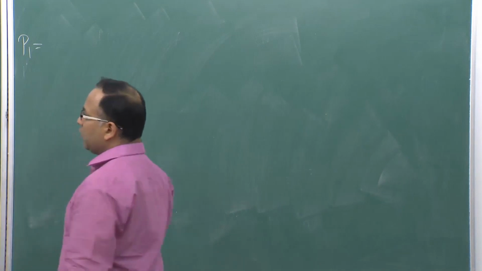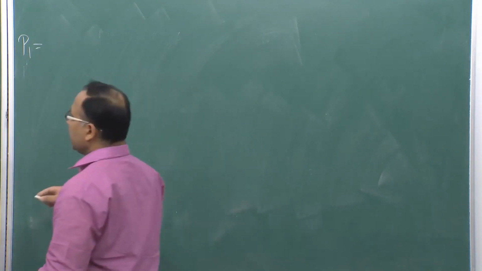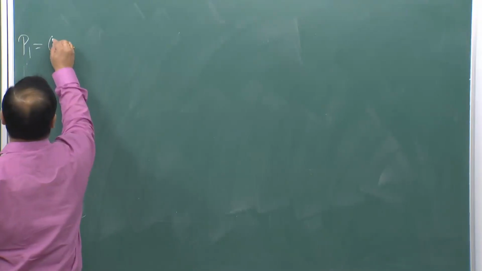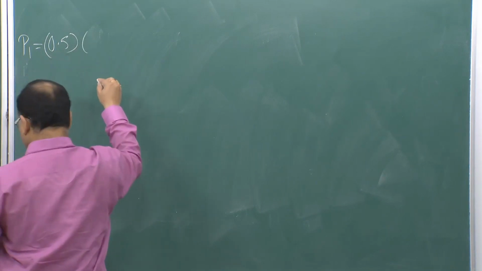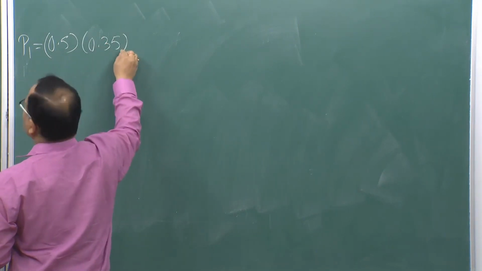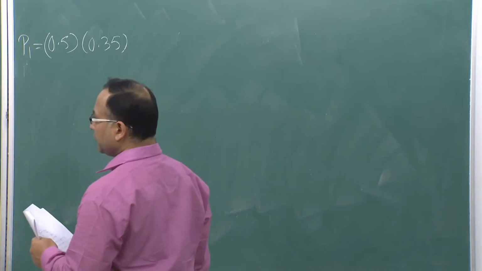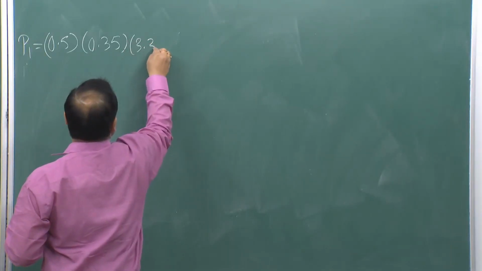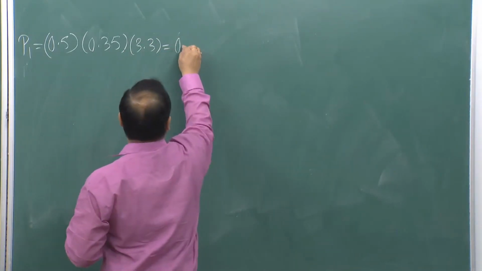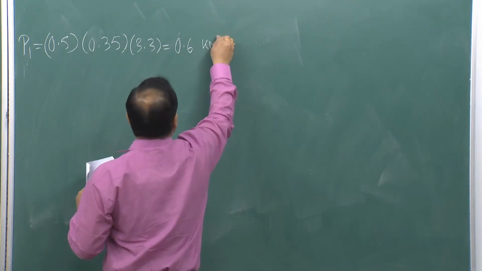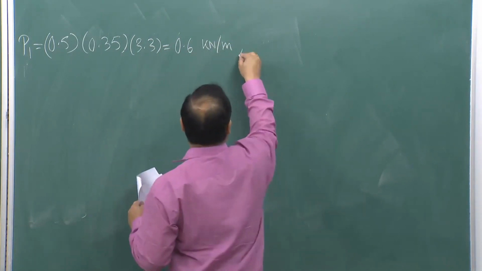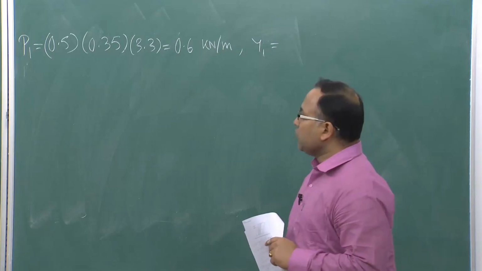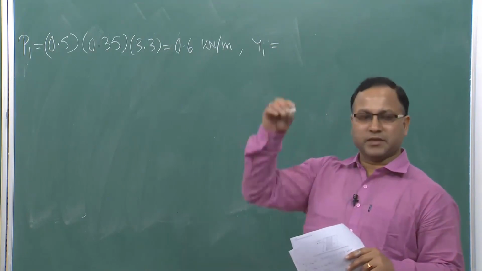Suppose I want to calculate P1. How will I calculate P1? P1 is equal to the area of this small triangle, right. So, P1 is nothing but 0.5 into 0.35, that is the height, multiplied by 3.3, which comes as 0.6 kilonewton per meter run of the wall, and it acts at a point y1 distance above the base of the wall.